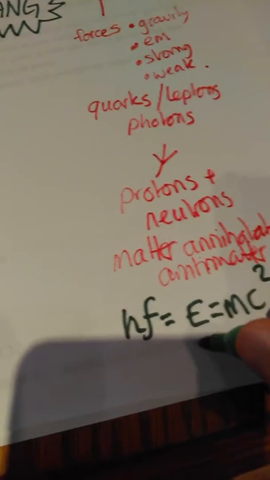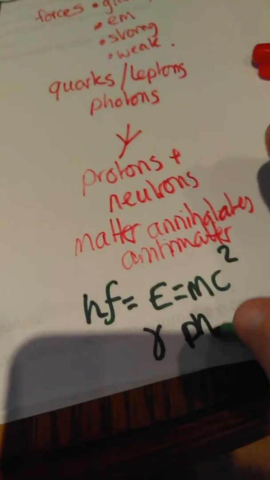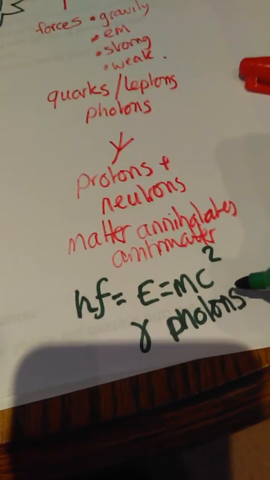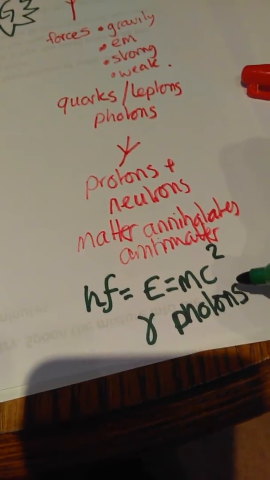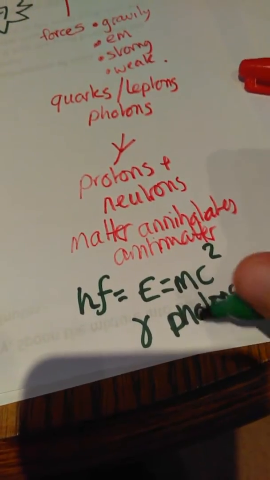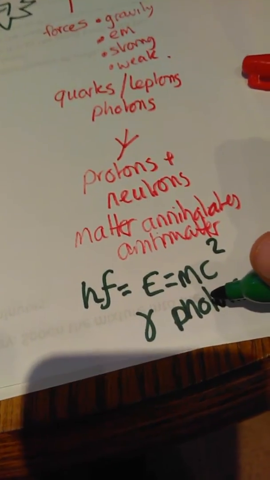So we've got some gamma photons produced at this stage. These are the photons that are going to become the cosmic background radiation, that I'll talk about in just a bit.